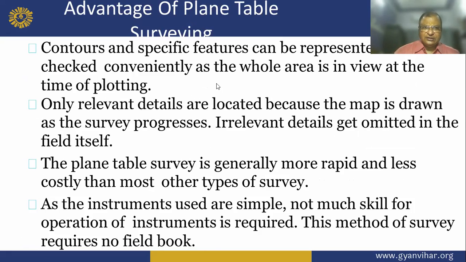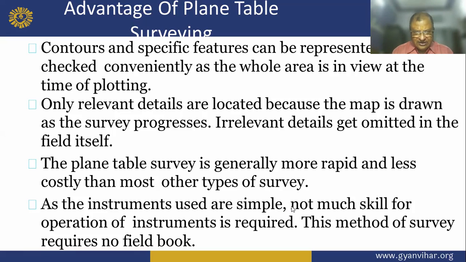Advantages of plane table surveying. Contours and specified features can be represented and checked conveniently, as the whole area is in view at the time of plotting. Only relevant details are located, because the map is drawn as the survey progresses, and irrelevant details get omitted in the field itself.